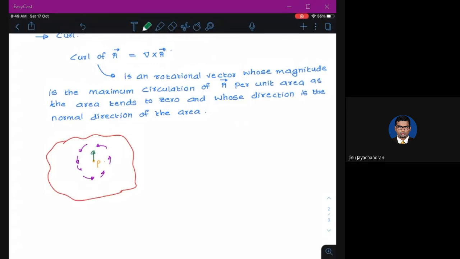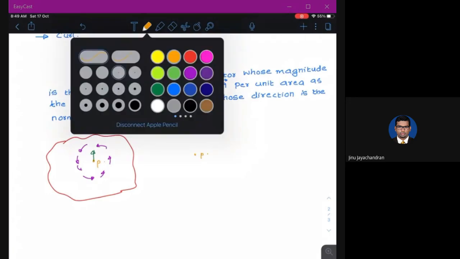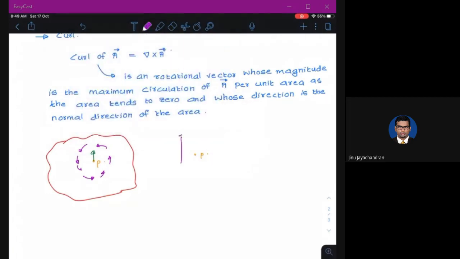So if you look at this case, there's a point P and the circulation is like this. So the question is, does it have any kind of circulation? It doesn't, because the vectors are linear. It is crossing the point P. It is not rotating around P. But in this case, there is a rotation around P, or there is a circulation around P. In this case, there is no rotation.